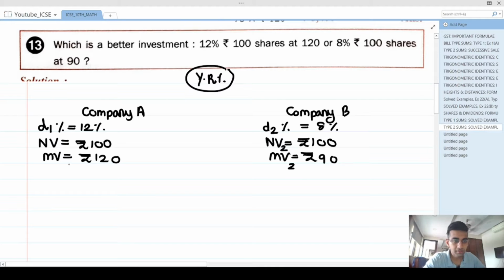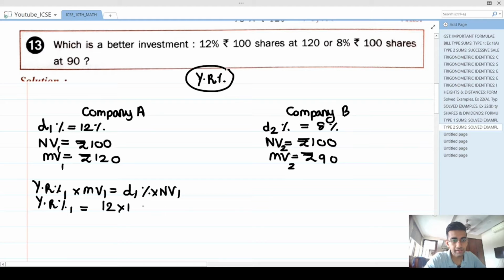This is 2, this is 1. So let's calculate the yield rate percent 1 into MV1 is equal to D1% into NV1. Once you plug in the values, you'll get 12 into 100 upon 120. Here you're getting a profit of 10%.